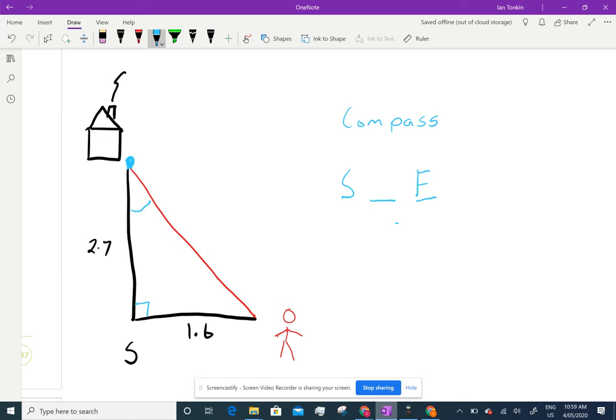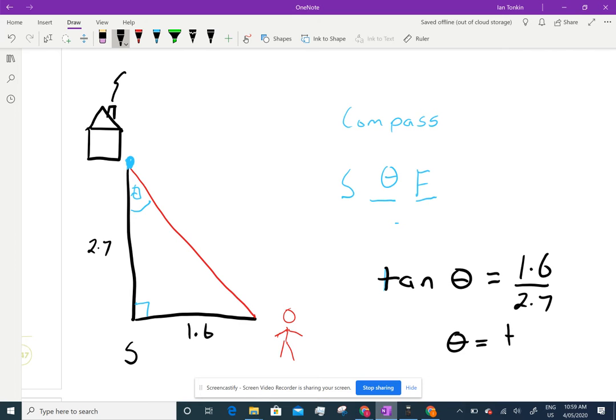Well, I've got a right angle triangle here. I'm going to have to use my right angle trig. I'm going to call that angle theta. And we go tan theta equals opposite over adjacent, 1.6 over 2.7.